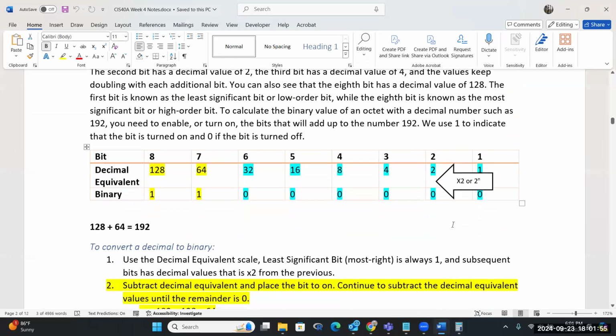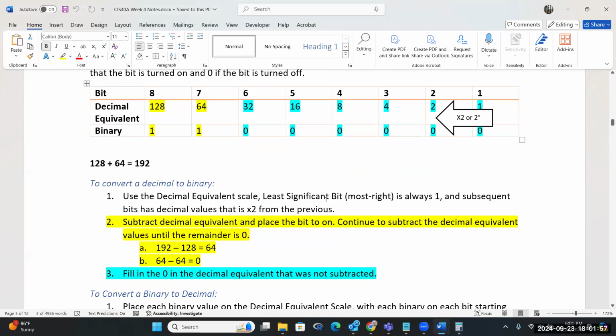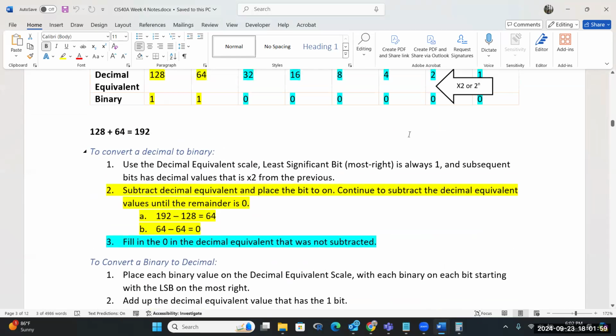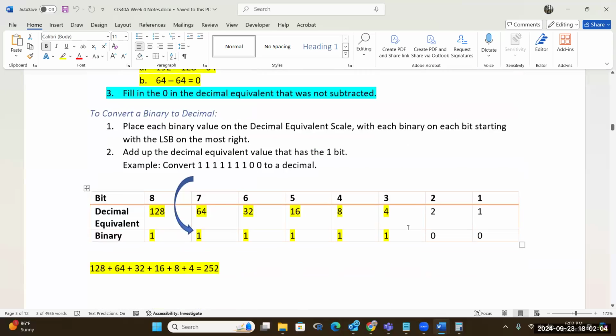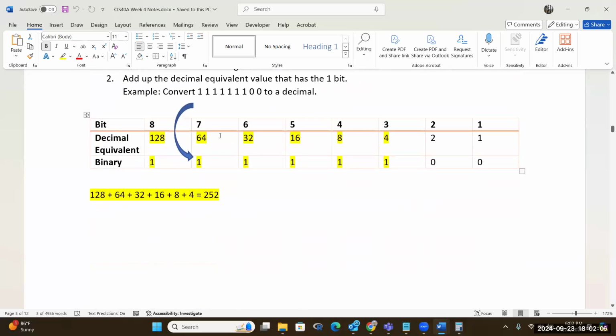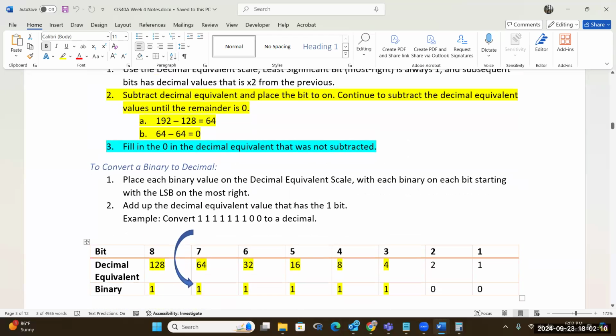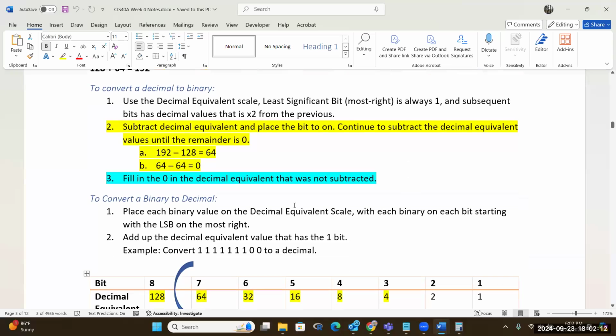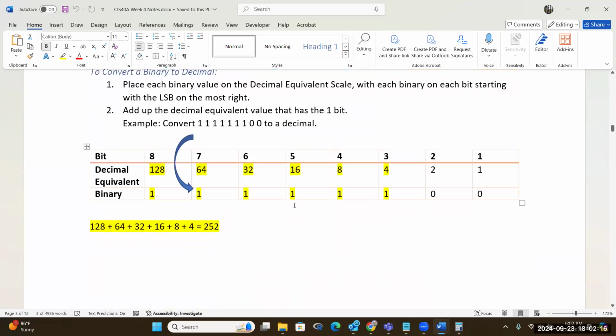So I put down all the information and examples, very similar to what we've done. If you need to refer to the notes, I put down the steps and even the arrows and how you can add those up. So just remember, when we go from decimal to binary, we subtract. When we go from binary to decimal, we add, right? Same scale, 2 to the power of n, or multiples of 2 starting with 1, which is 2 to the 0.